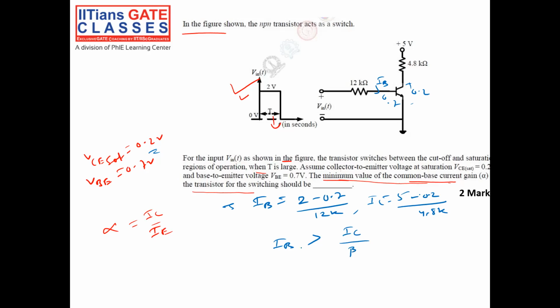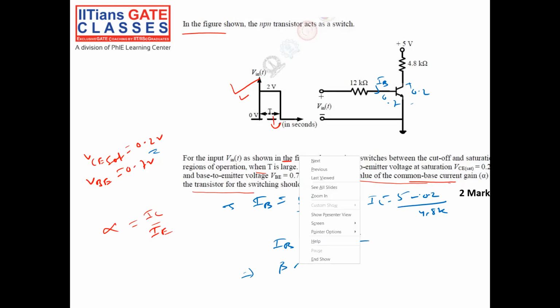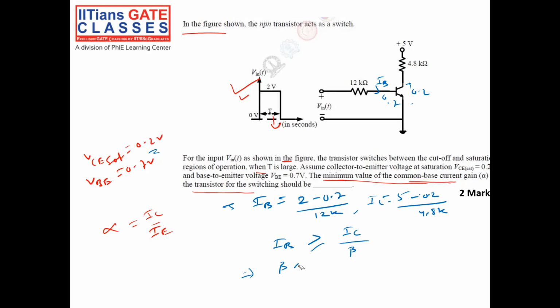This implies beta should be greater than or equal to IC by IB.